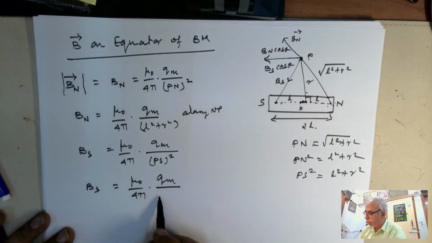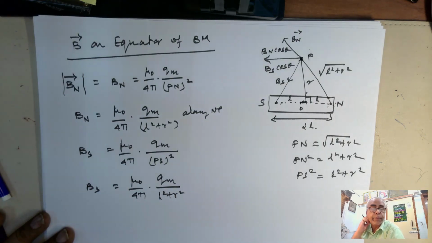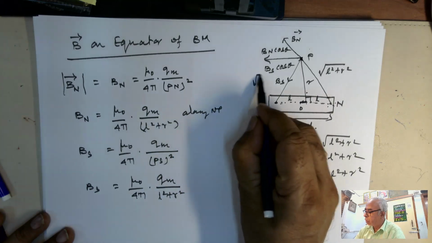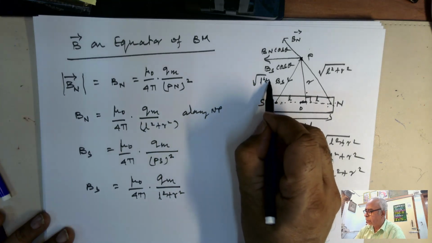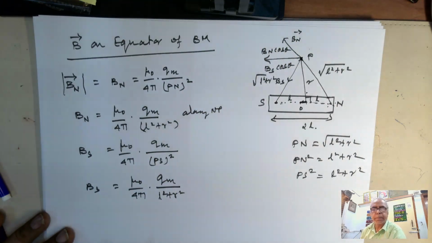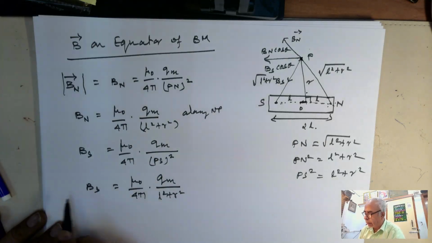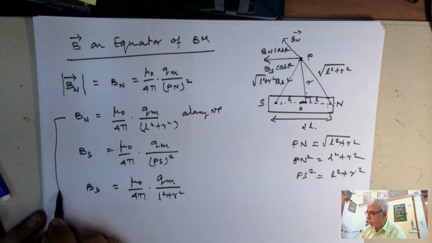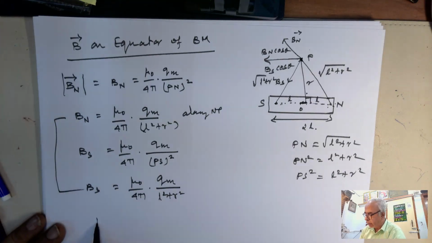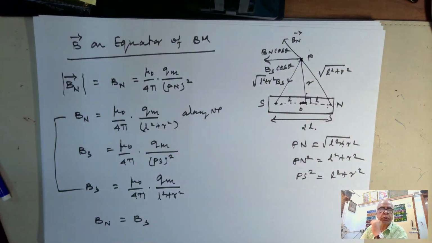Both are the same, because this is also L squared plus R squared only. Now from this it's clear that Bn is equal to Bs, right? Both are the same, because it is in the equatorial position.